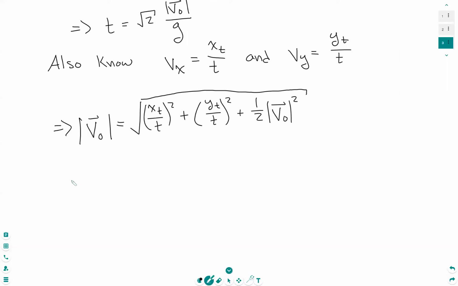If I square both sides and subtract this 1/2 on the left-hand side, I get 1/2 magnitude of v naught squared is equal to 1 over t squared times xt squared plus yt squared.